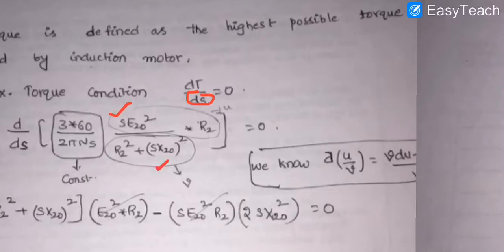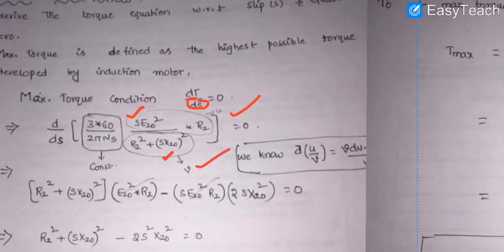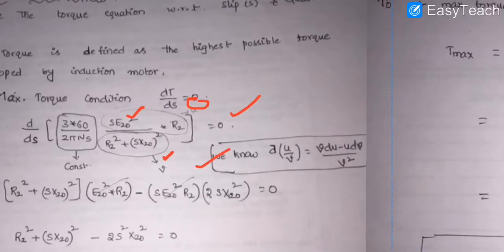So it is similar to the u by v formula. This is u and v, and this is constant, so I will remove the constant. We know the u by v formula: d of u by v is equal to v du minus u dv by v square. So apply this formula to this expression.